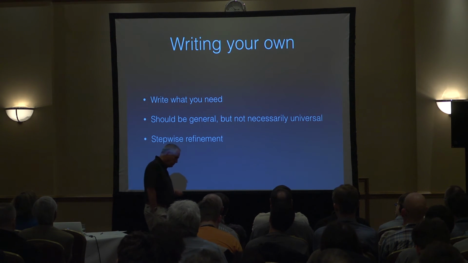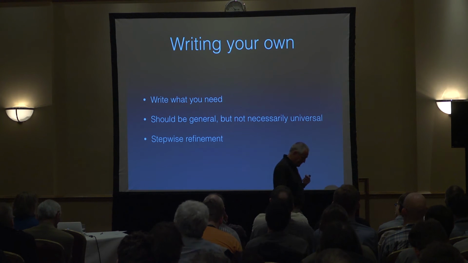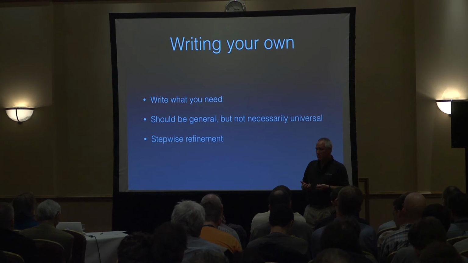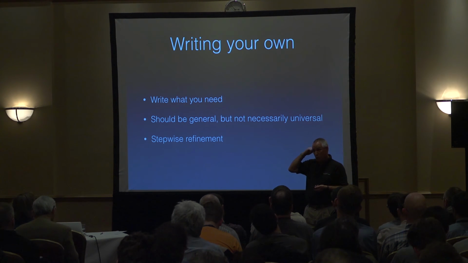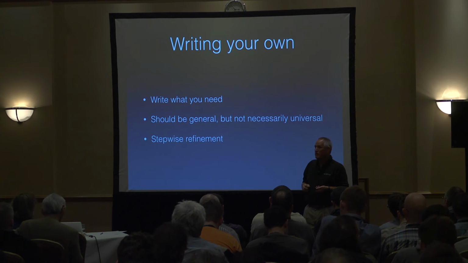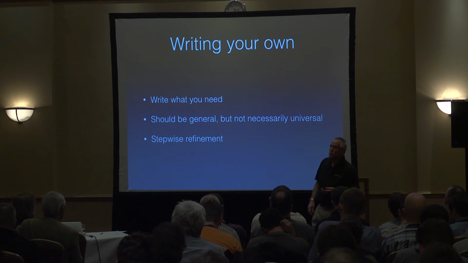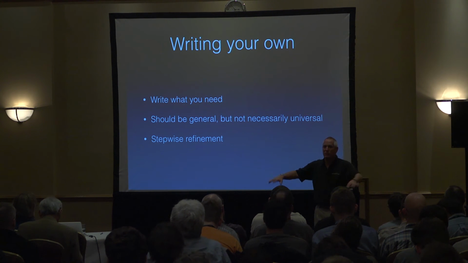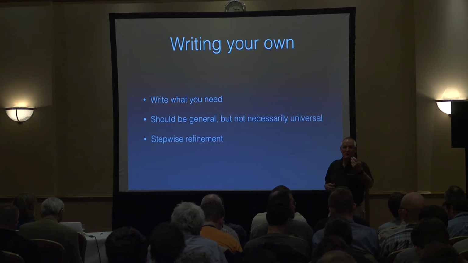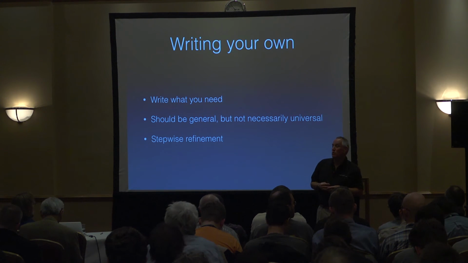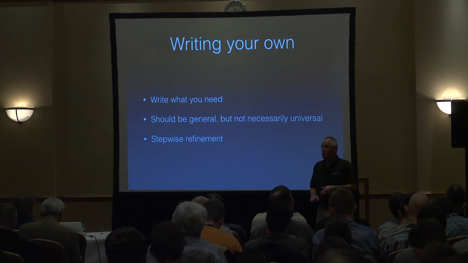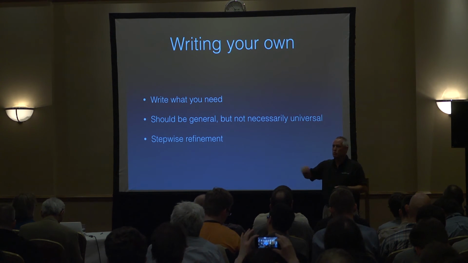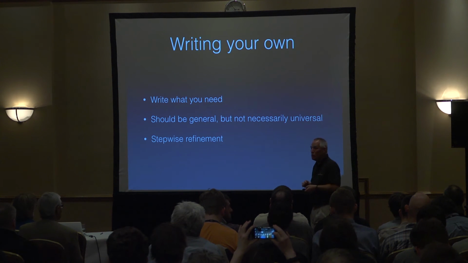It should be general. I mean, if it's not that general, maybe it just needs to be a loop in some chunk of code. But it doesn't have to be universal. The ones in the standard library are very general, meant to be universal, because the standard library has to be everywhere. We hear talks about writing the business logic. But mostly when you're writing stuff to solve your problems, you're writing domain-specific code.